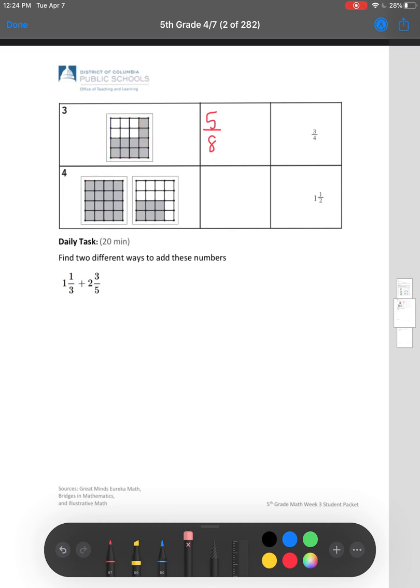Okay. Now I'm going to use 16ths because those are individual ones, so I know that I can do that. So I have 1, 2, 3, 4, 5, 6, 7, 8, 9, 10 out of 16 pieces shaded in. Okay. So now I have 5/8 and 10/16.